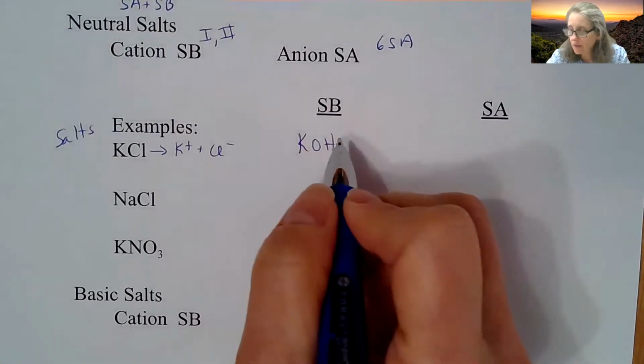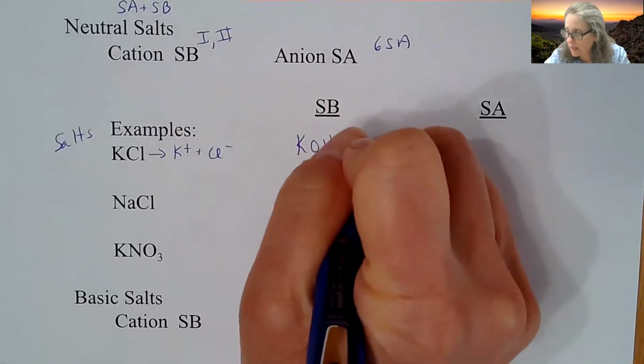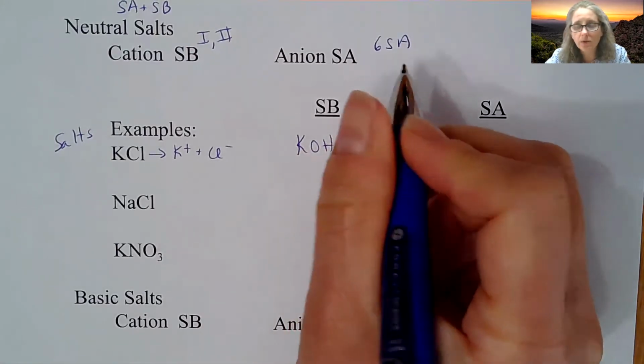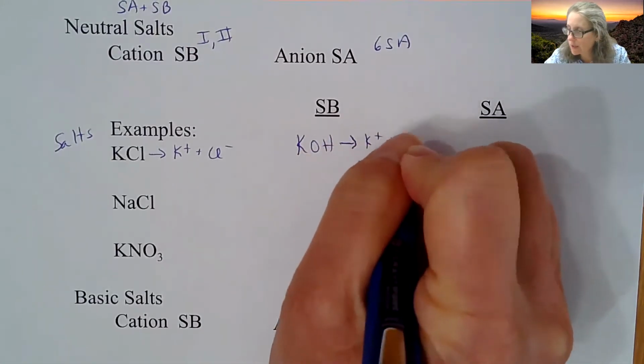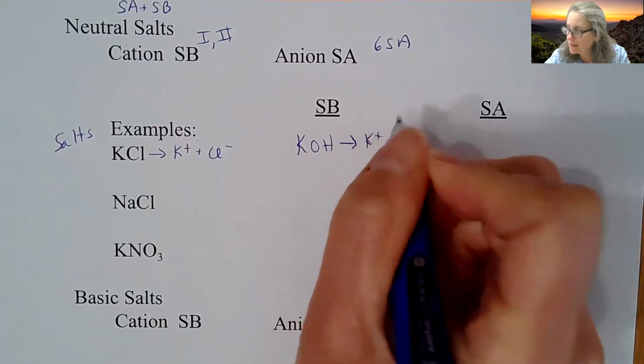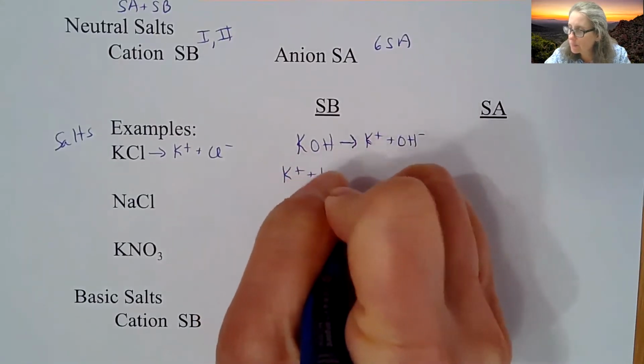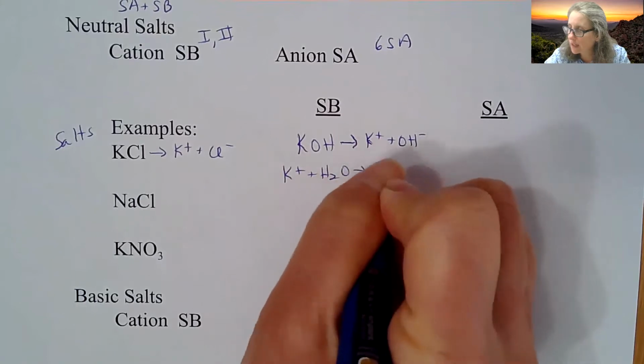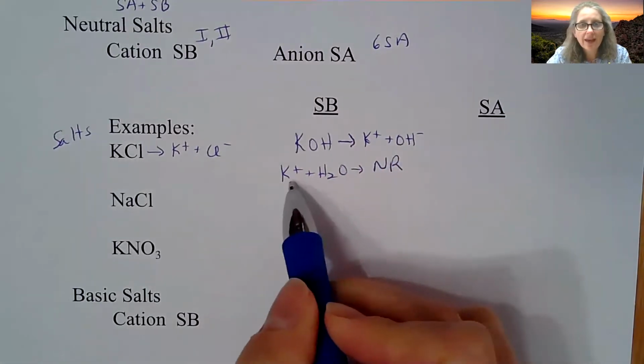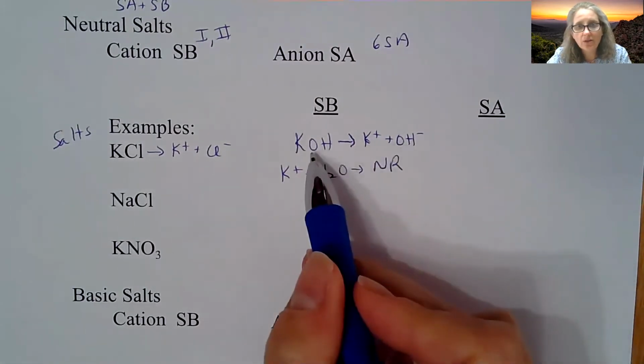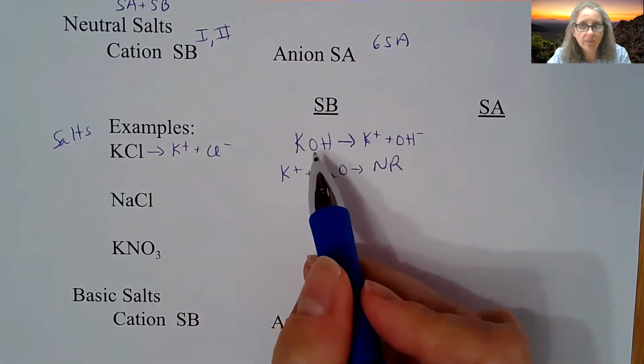KOH. KOH is a strong base, so when I write the arrow, it's only pointing in one direction, K plus and OH minus, which means when that K plus is in the presence of water, there is no reaction. That K does not get together with the OH to make KOH again.